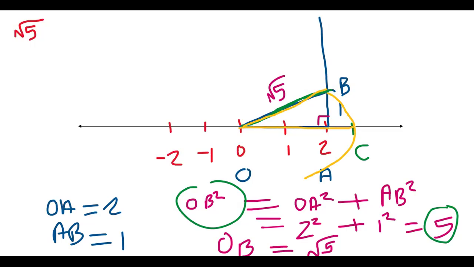So being the radii of the same circle, they will be equal. So we can say OC is equal to OB equal to root 5.